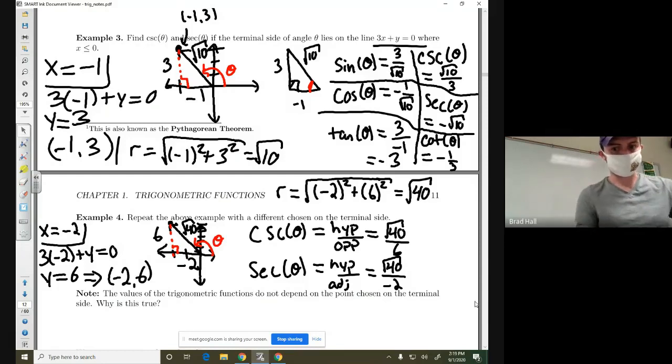And it might seem interesting that here, cosecant is square root of 40 over 6. Cosecant up here is square root of 10 over 3. They look different. Are they different? They are the same value. They're the same exact value.